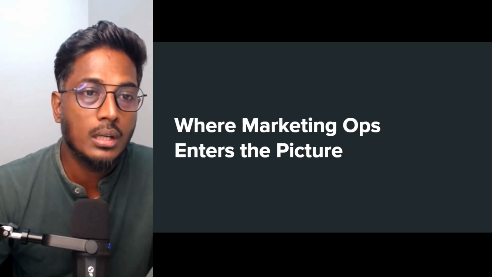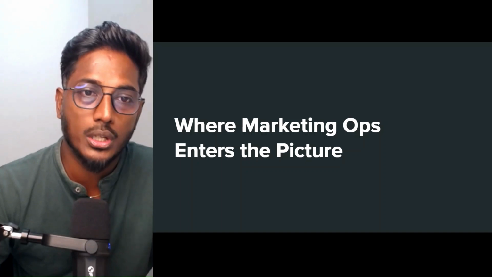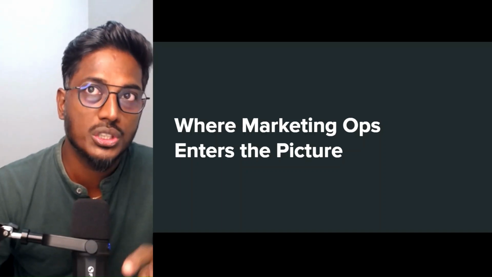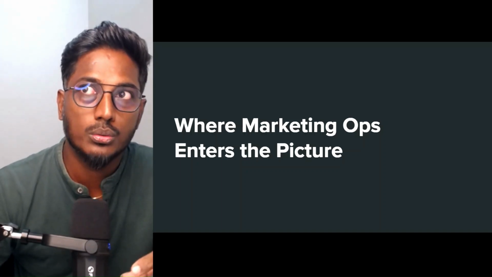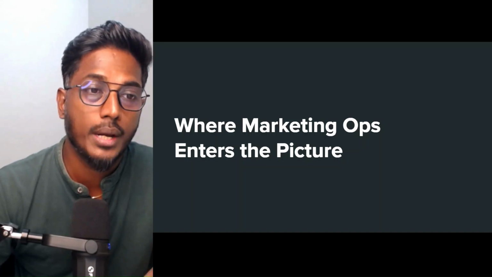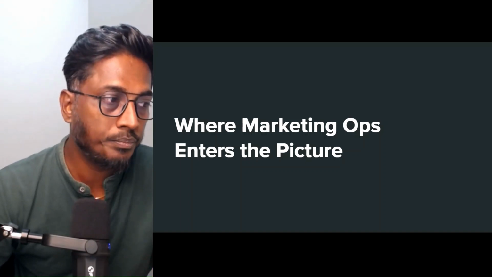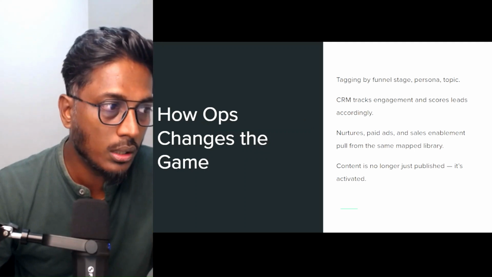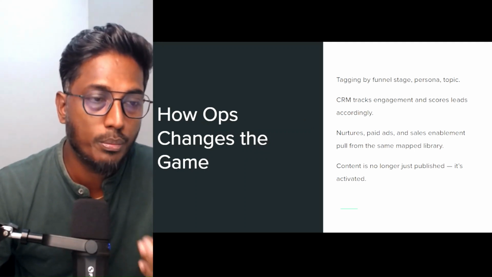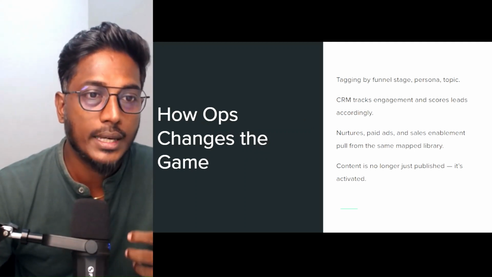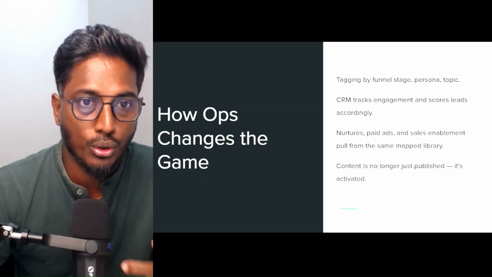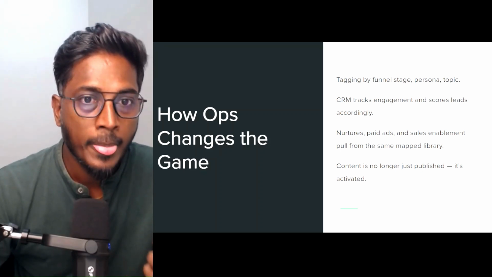Because when content is truly operationalized, you don't just create more content, you create more impact. Let's see how marketing operations changes the game. Let's say you have acknowledged the disconnect and you have found where the disconnect is happening.